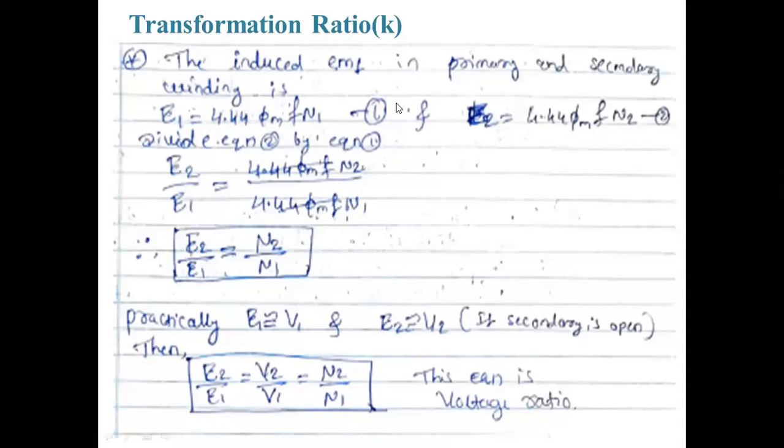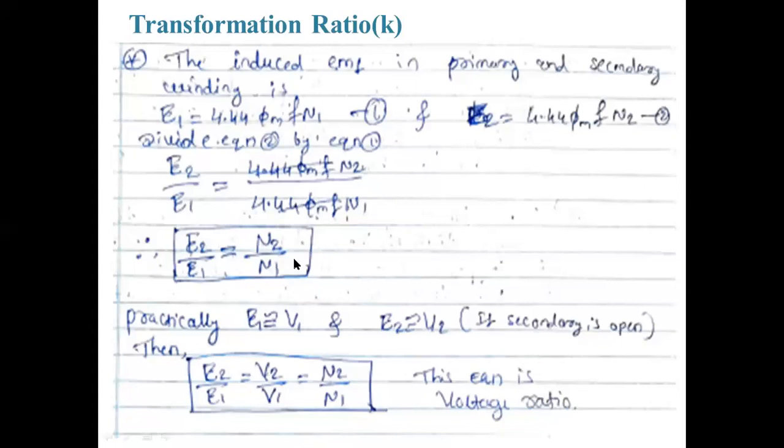From equations 1 and 2, dividing E2 by E1: on the LHS, E2 by E1; on the RHS, 4.44 phi m F N2 divided by 4.44 phi m F N1. The common term gets cancelled, and N2 by N1 is left. So E2 by E1 equals N2 by N1.